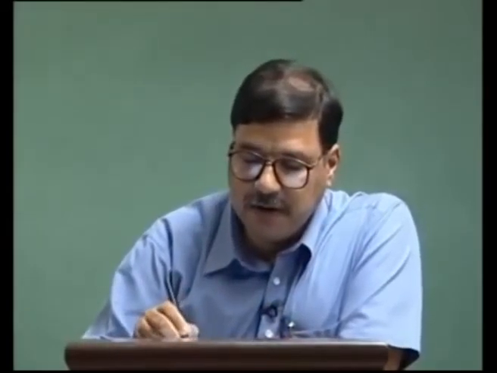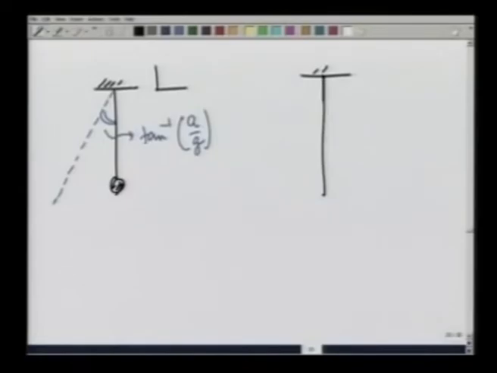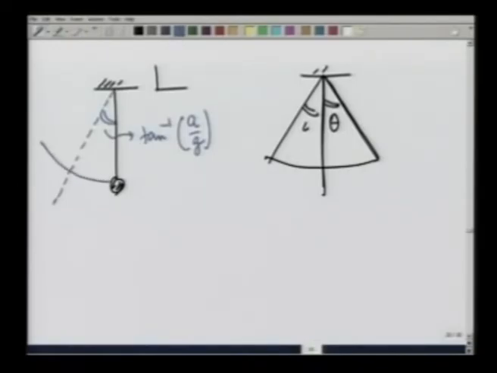Recall what happens if I have a pendulum from the equilibrium position. If it is raised by an angle theta to one side, what happens when it swings back? It swings exactly by the same angle to the other side. So, in this accelerating frame, the pendulum will swing across the equilibrium point exactly by the same angle as it was initially to the one side, and that is going to be tan inverse a over g.